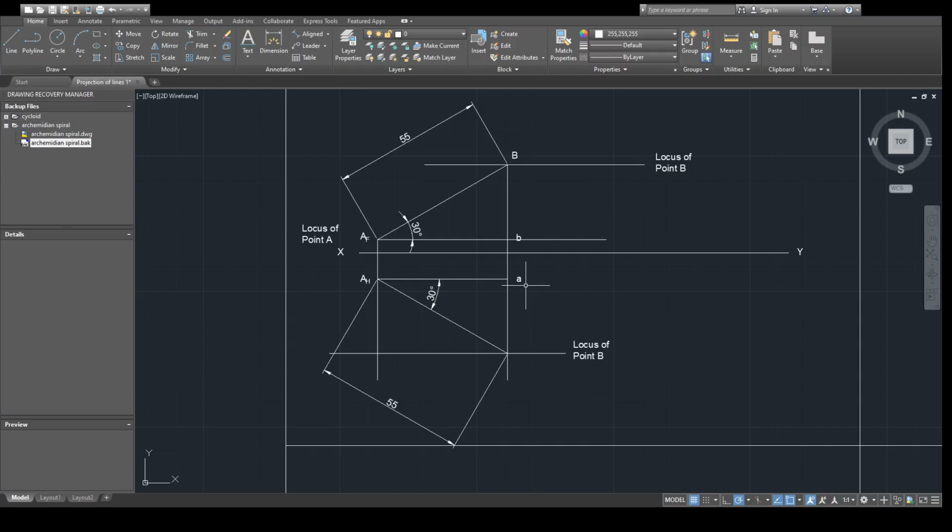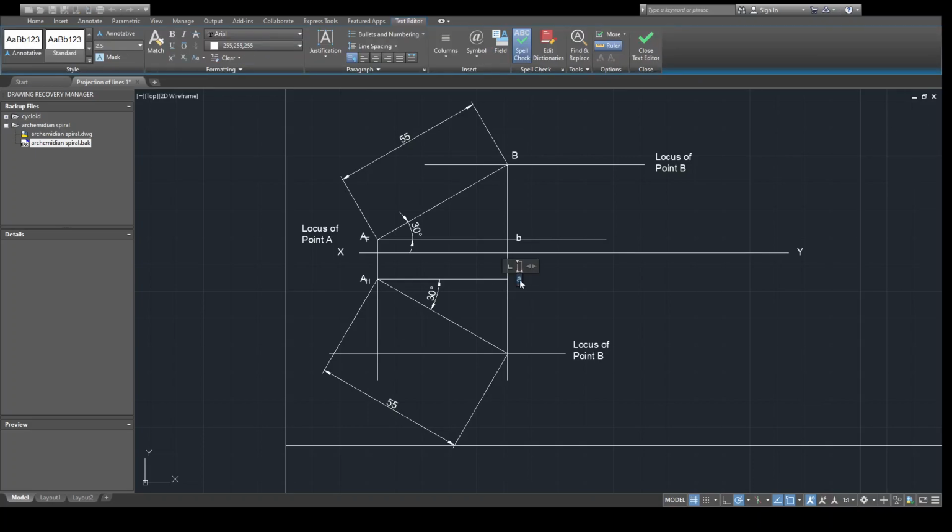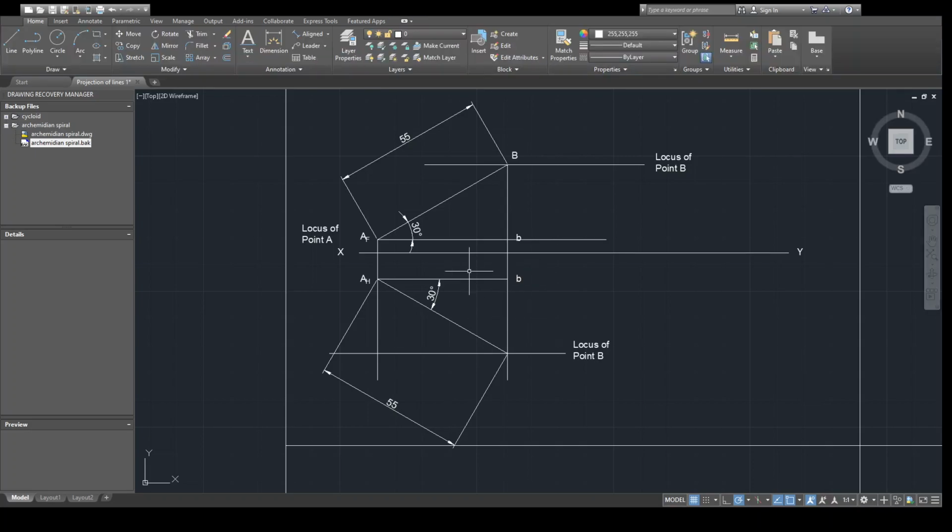Now still the problem is not yet solved, because we have not obtained the front view and top view. So how to obtain it? Very simple. We have now the front view length, that is AFB, and the top view length, that is AHB.